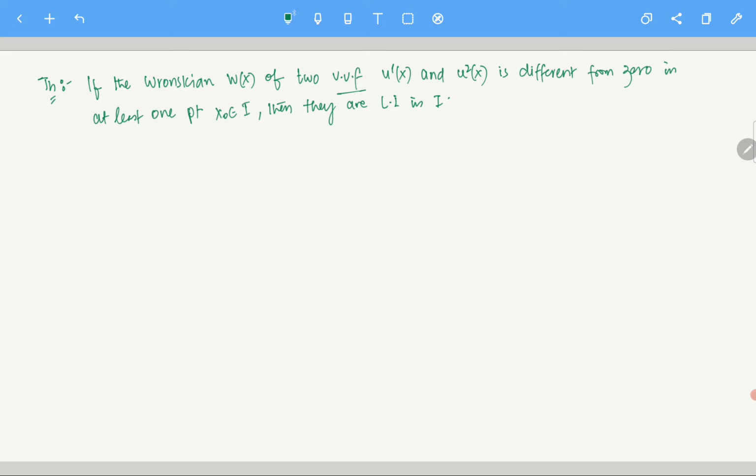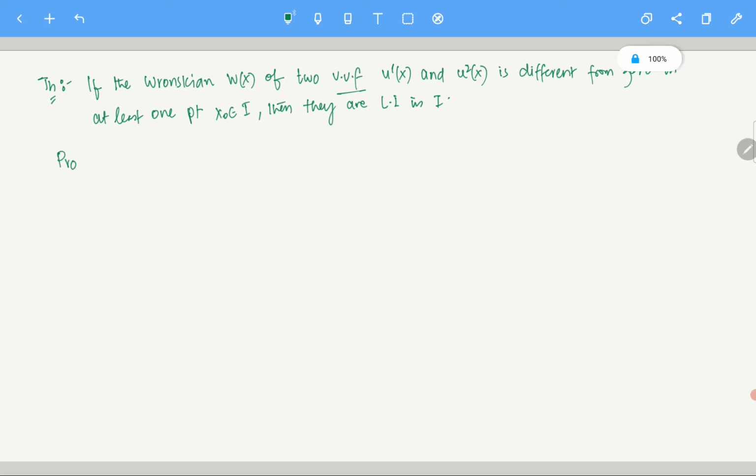See, the importance of this theorem is this: if you want to show that two given vectors are linearly independent, showing that the Wronskian is non-zero at one point is enough to show that they are linearly independent at every point in I. Very, very strong statement.